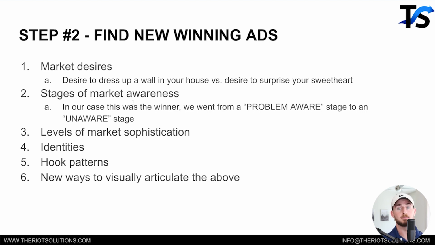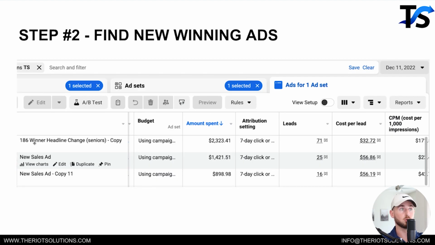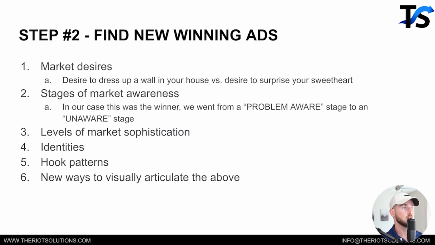We needed to open up a new market because we've tested countless problem-aware ads, and we needed a way to go into the unaware stage. So we created an unaware ad, which takes someone who is completely unaware of this product, problem, solution, all that stuff. We opened up that ad and that market, and it crushed it in terms of CPL.